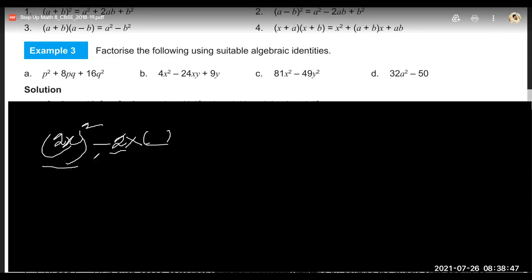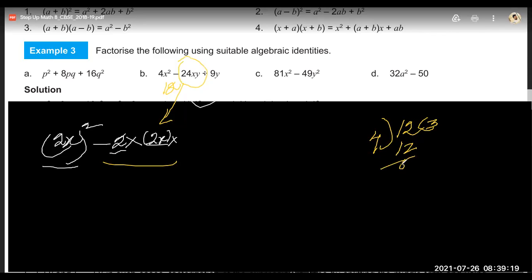Whatever you have written here, so we'll write 2x into. What should come in the b place? The middle term is 12, and we have already written it as 2 into 2. If you divide 12 by 4, what is left? 4 threes are 12, so 3 is left. So you'll write it as 3 into y.